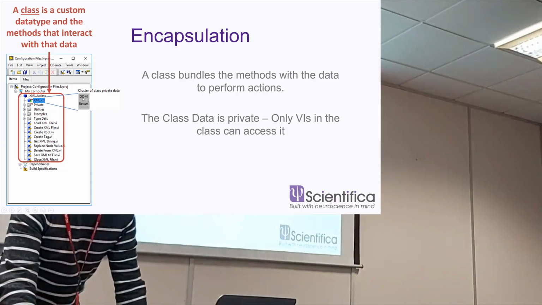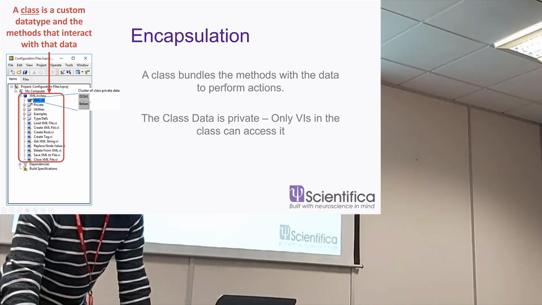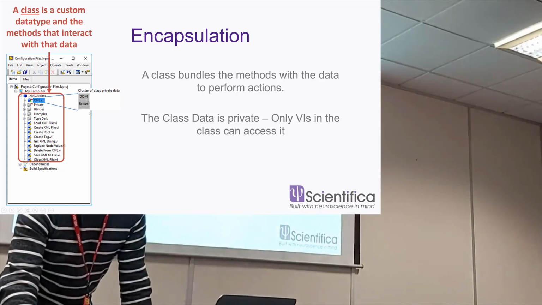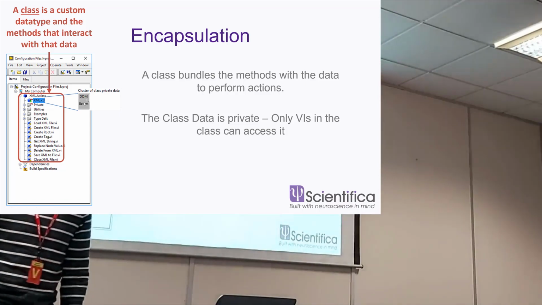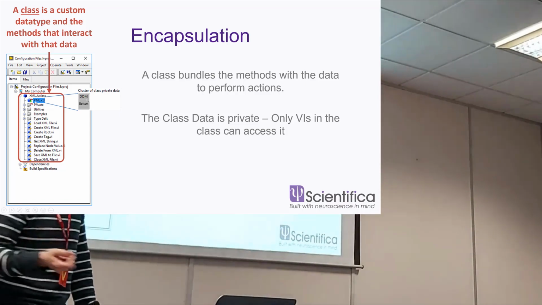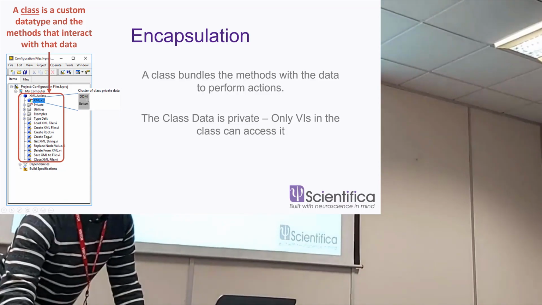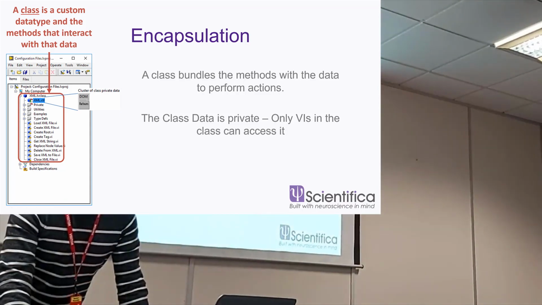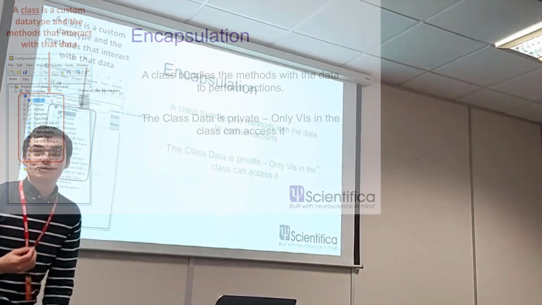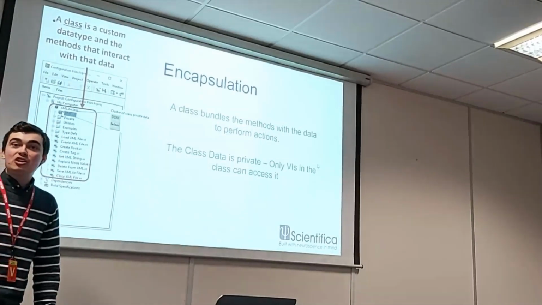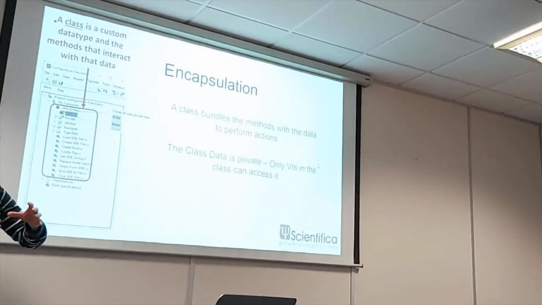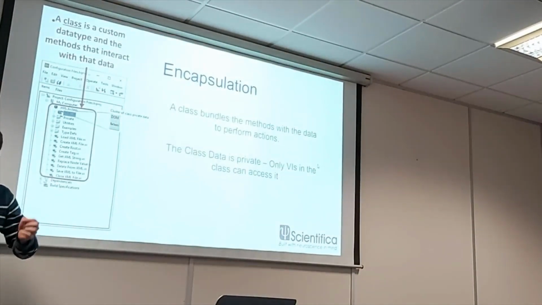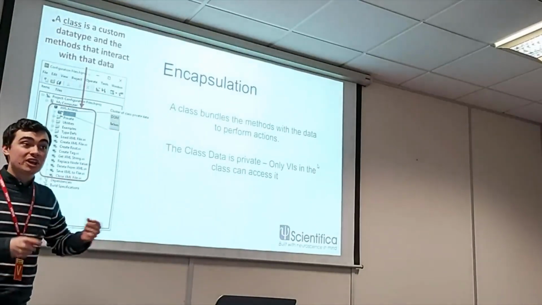In this private data, we have a document object model reference, which is a reference to the actual file itself. But notice there's a little red key next to that control. That key means only functions, so only VIs within that class, can access it.